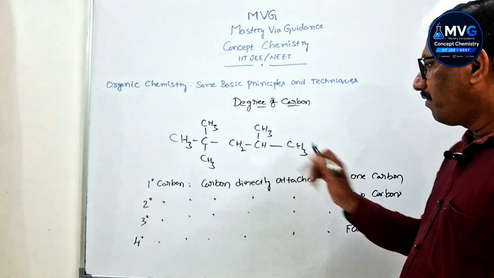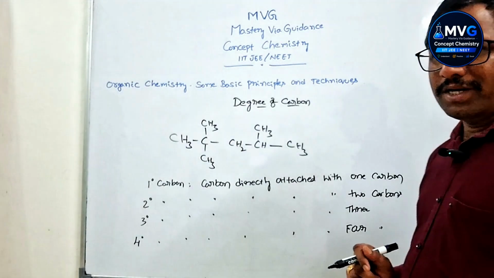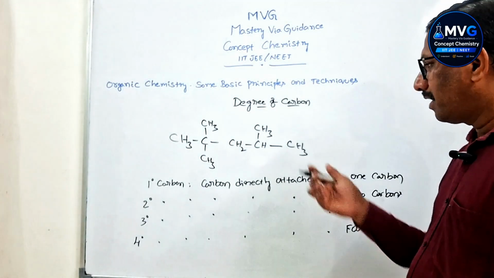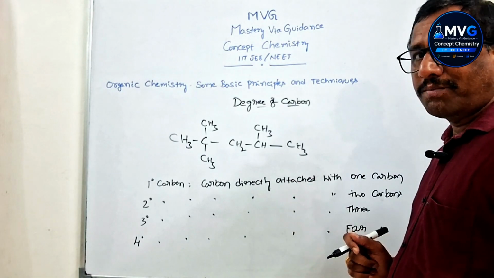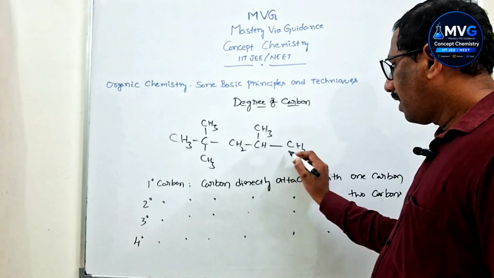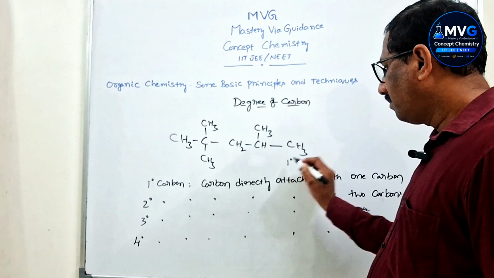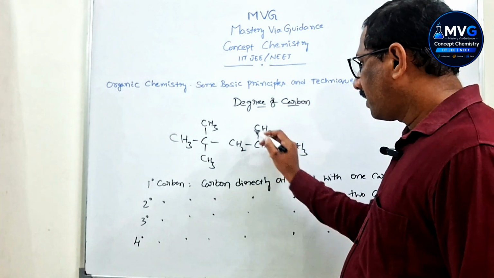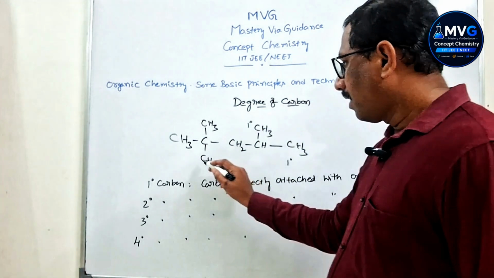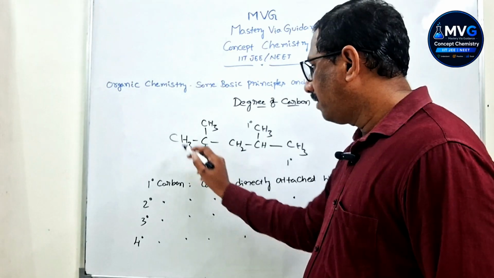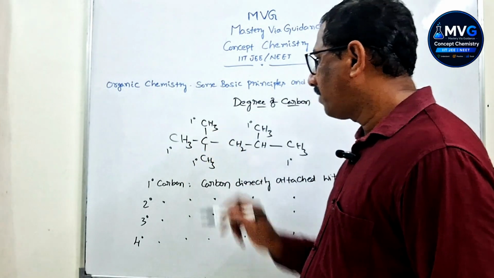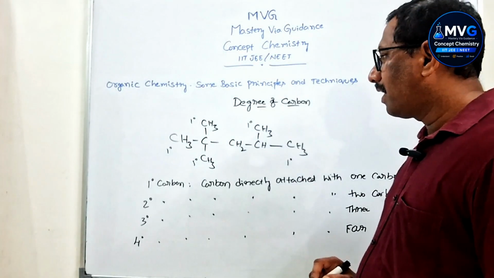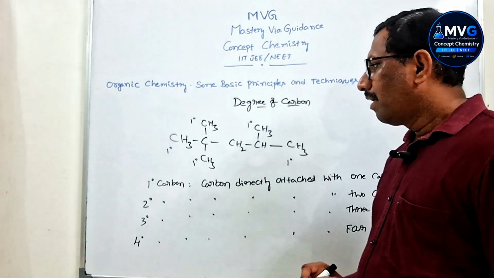So now identify, students, how many primary, secondary and tertiary carbons are there here. Here carbon further connected with one carbon, these all are the primary carbons, students.